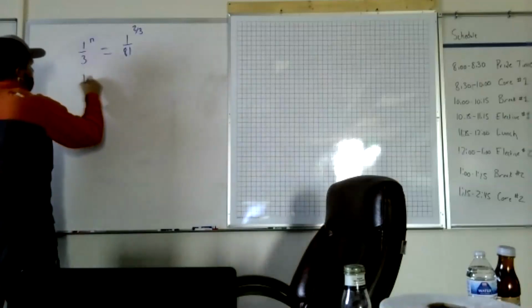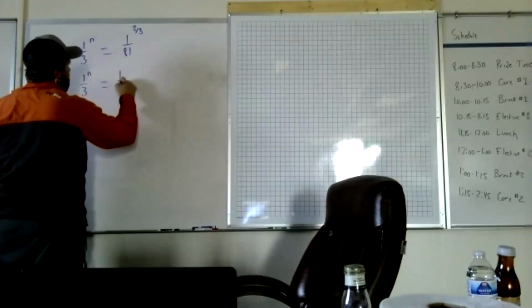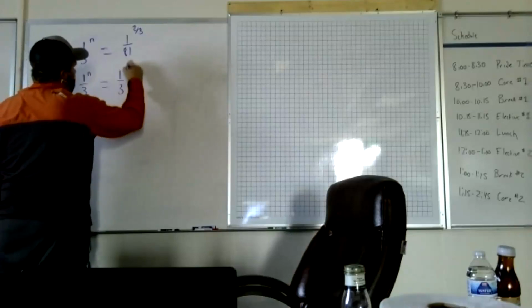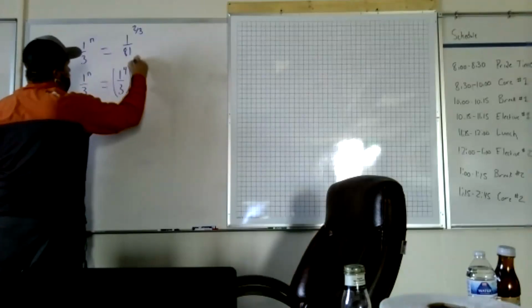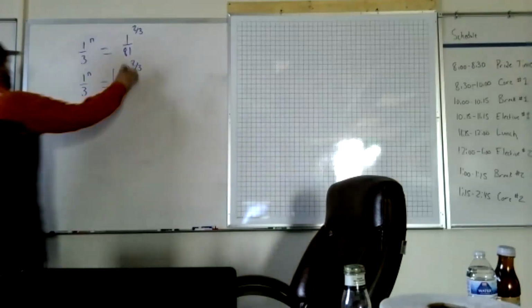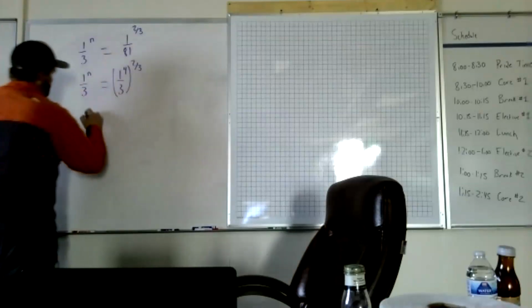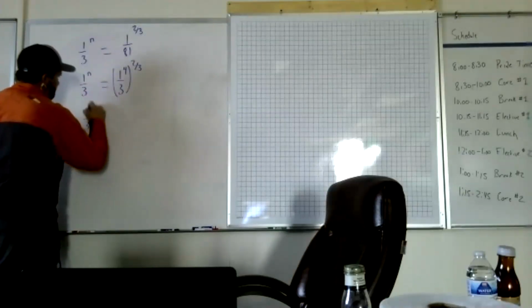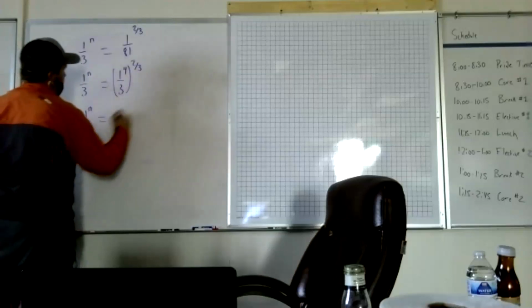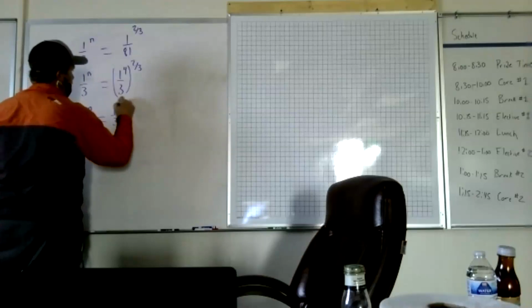So once I substitute that in, because they're equal, 1/3 to the 4th to the 2/3. Okay, then power of a power kicks on again, where I multiply these two, I'm left with 1/3 to the n is equal to 1/3 to the 8/3.